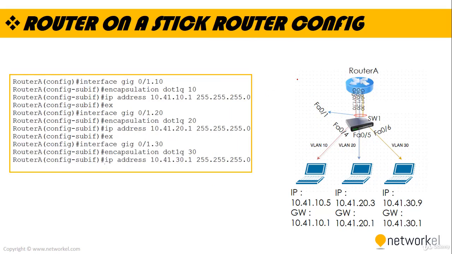What I'm going to configure on the router side is, for router A, some sub-interfaces, as you can see. To create a sub-interface, the command is interface Gig0/1, the physical interface, dot the sub-interface's name.